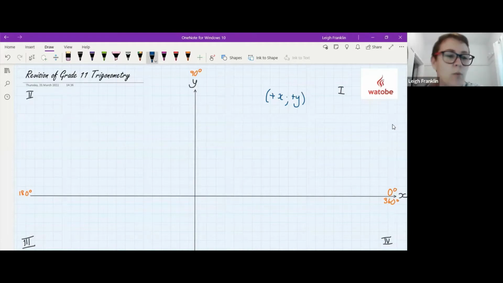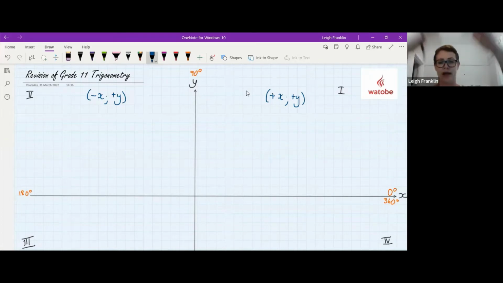All right. And then when we go into quadrant number 2, which one, x or y, changes sign? Which one becomes negative? X. X, quite right. Okay, so when we are in quadrant 2, x is negative, but y is still positive. So y is positive above the x-axis.